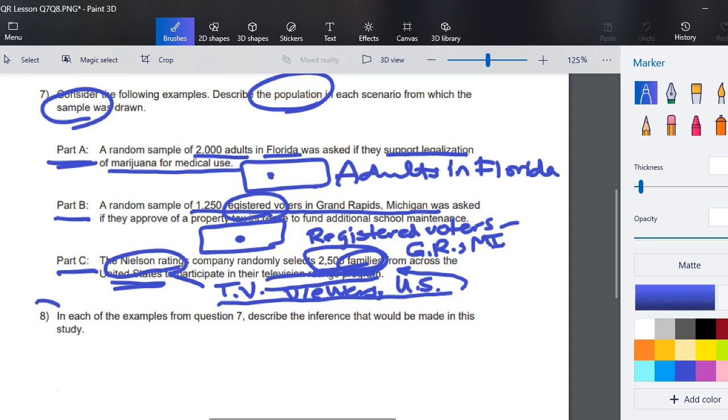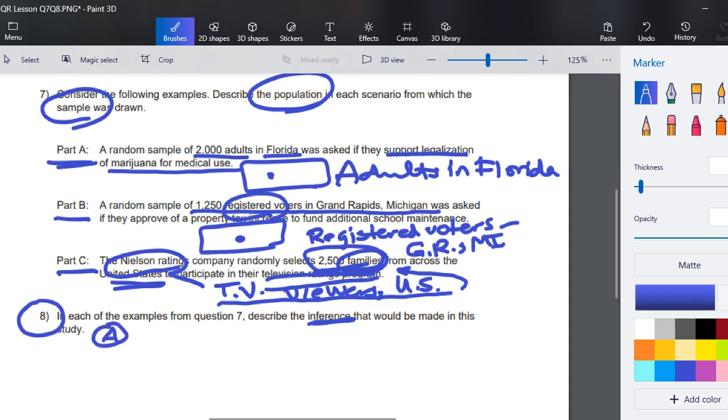You might hit pause before doing question 8, because then it says in each of the examples, describe the inference that's going to be made about the population from this sample. If you haven't already hit pause, go ahead and do so and come back and we'll talk about some answers for question 8.